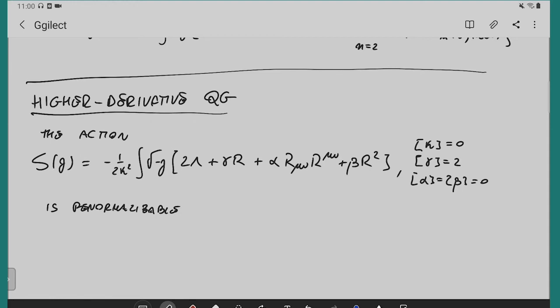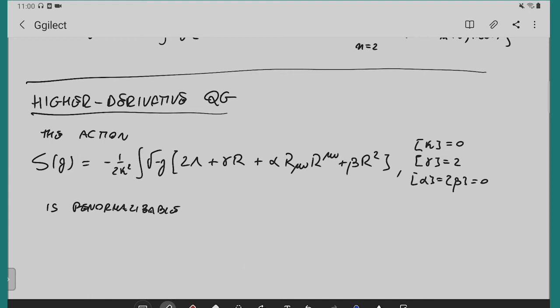This is slightly different from phi to the sixth, as we saw yesterday. I said before that Einstein gravity in some respects resembles the phi to the sixth theory, which is not renormalizable. But in that case, you can generate a phi to the eighth at one loop. Then if you put it in the action, you can generate a phi to the 12th. And it's never ending. In this case, Einstein gravity generates an R squared and R mu nu squared.